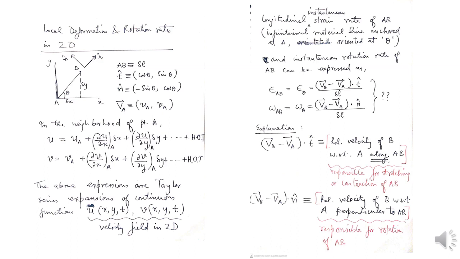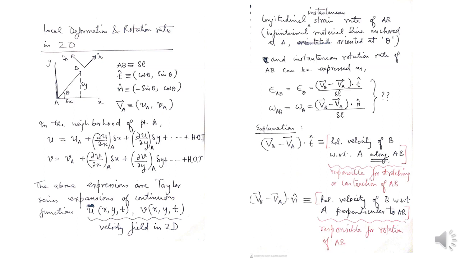So the length AB is shown symbolically as delta L, and there are a set of unit vectors t cap and n cap: t cap is aligned along AB and n cap is aligned perpendicular to t cap. You will soon see why I need these two vectors.